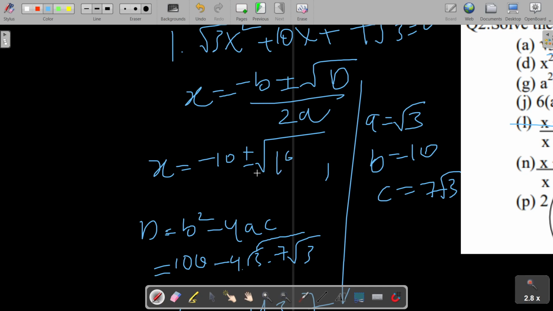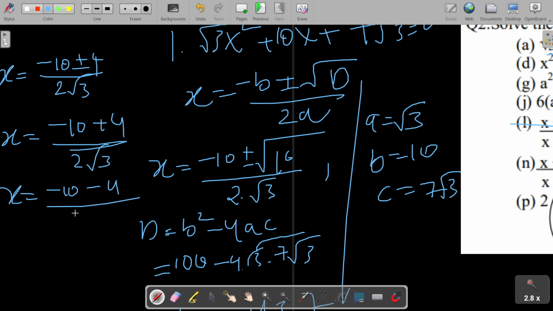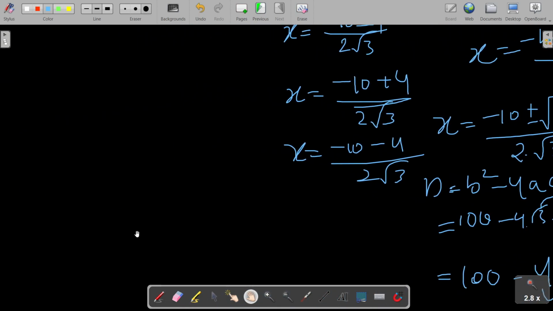So this is root 16 over 2 times root 3. So we got x is equal to minus 10 plus or minus root 16, which is simply 4, over 2 root 3. So we have either x is equal to minus 10 plus 4 by 2 root 3 or x is equal to minus 10 minus 4 by 2 root 3. So these are the two values of x for this equation.